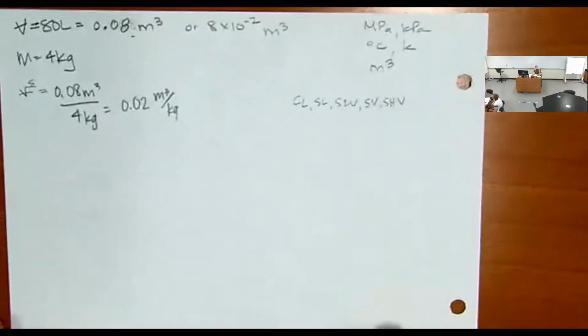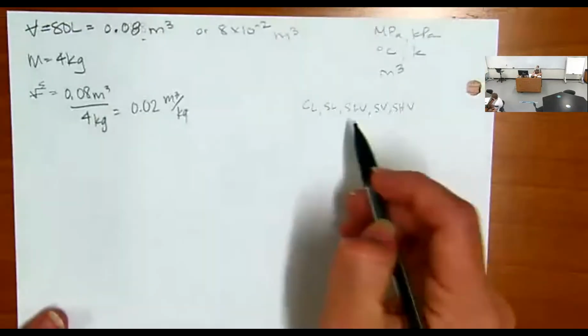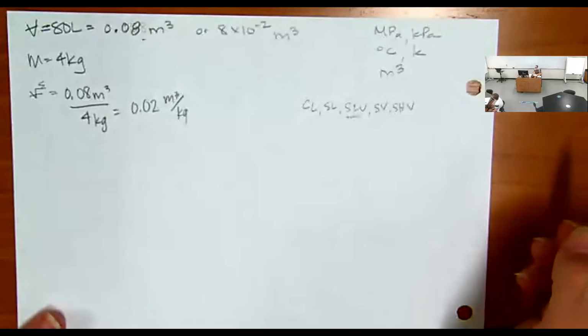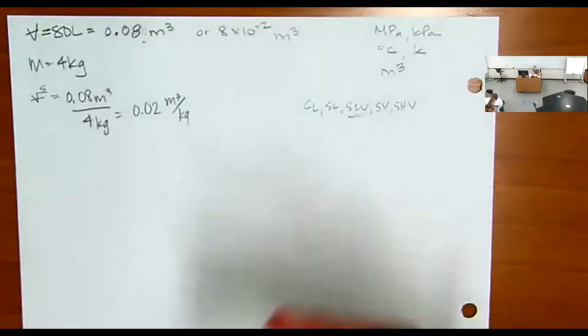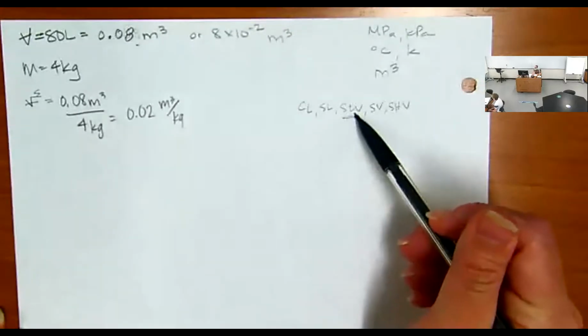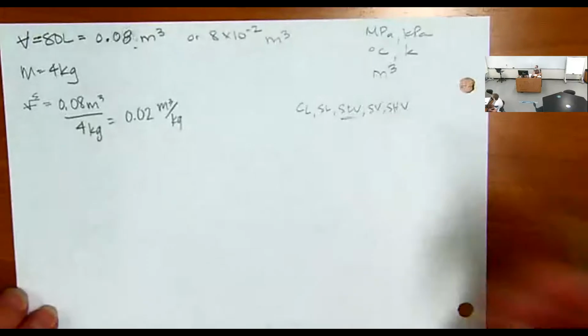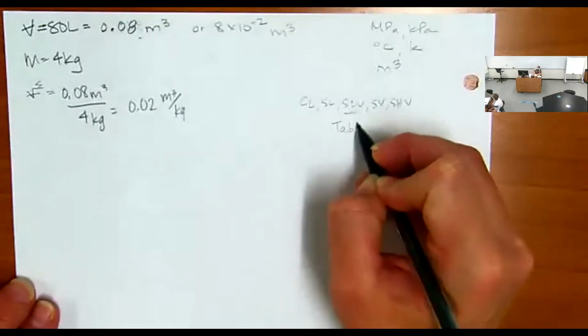But for this question, it's really easy because we are asked to determine quality, and quality only ever exists for saturated liquid vapors. Quality is what portion of your liquid and vapor is vapor. So it only ever occurs when we have liquid and vapor. So there's a hint in the question that this is saturated liquid vapor. So this means we're going to be using the saturated tables.